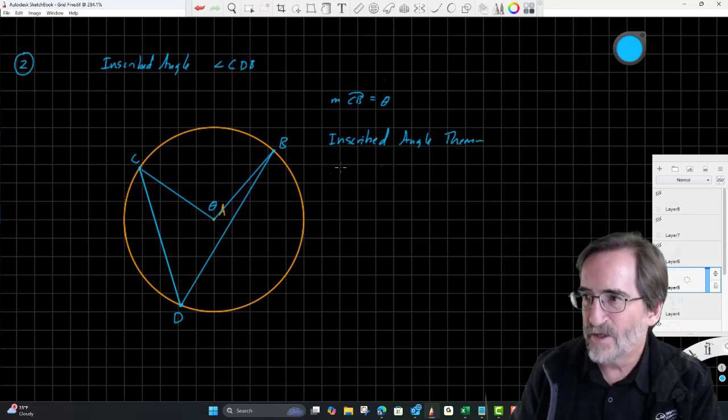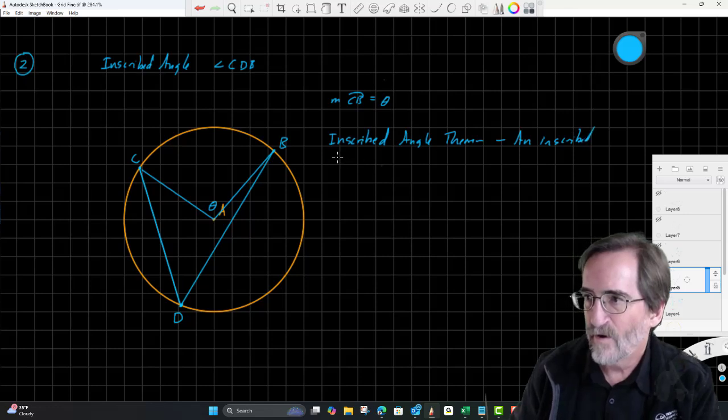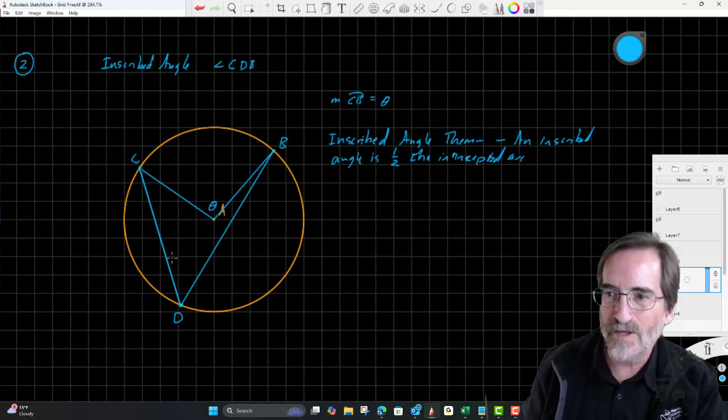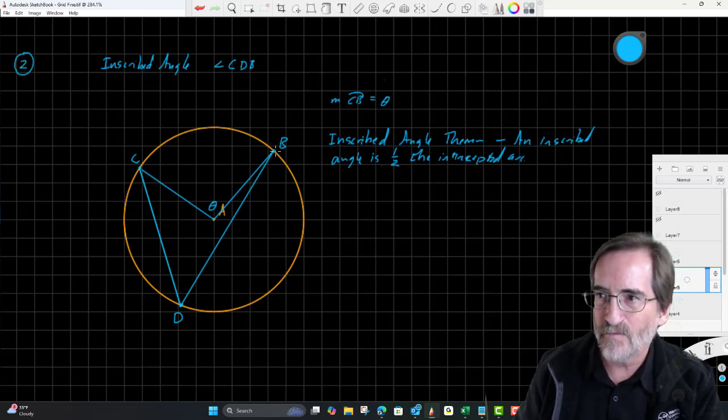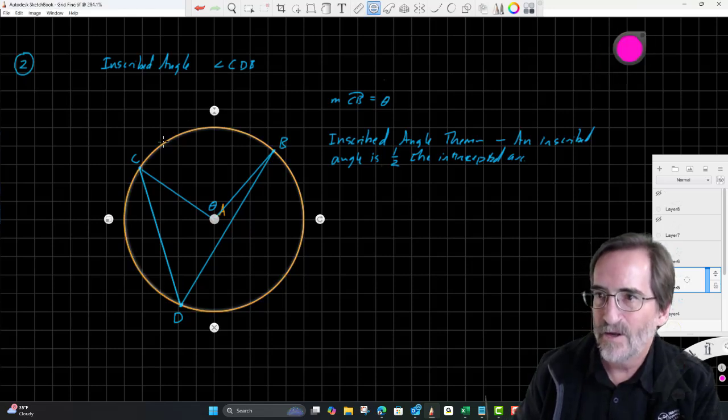It says an inscribed angle is 1/2 the intercepted arc. In short, both angle D and B intercept the arc CB. Let me highlight that. The intercepted arc is CB.